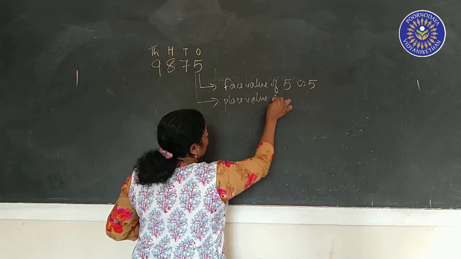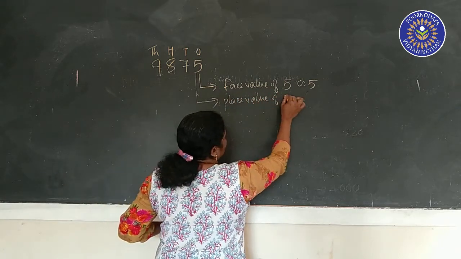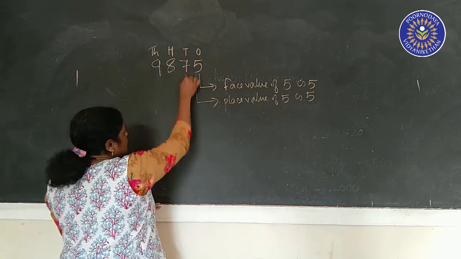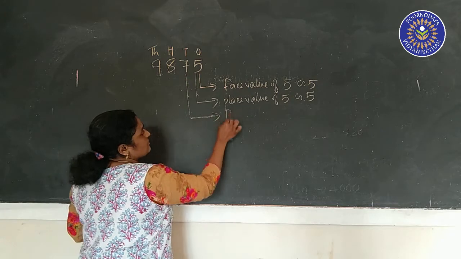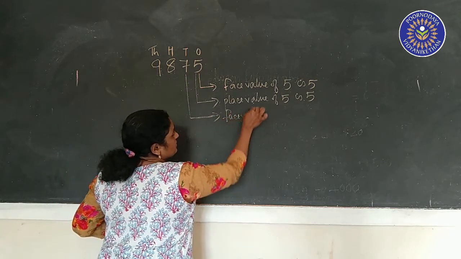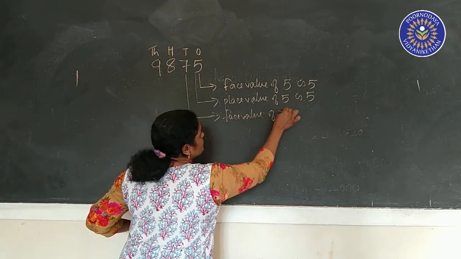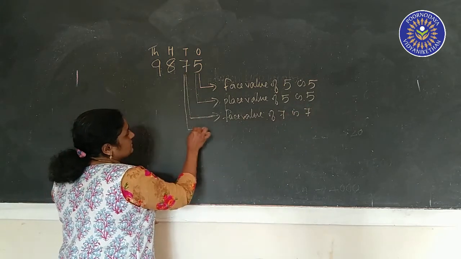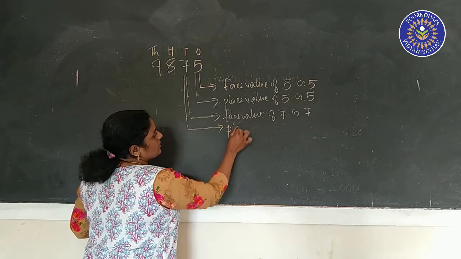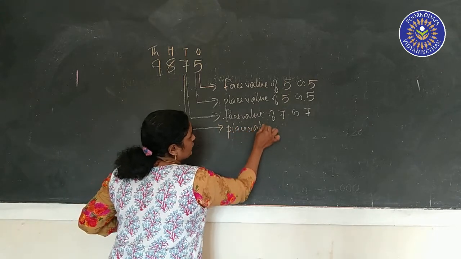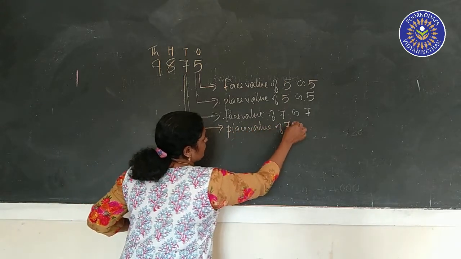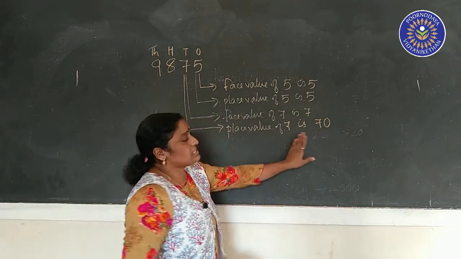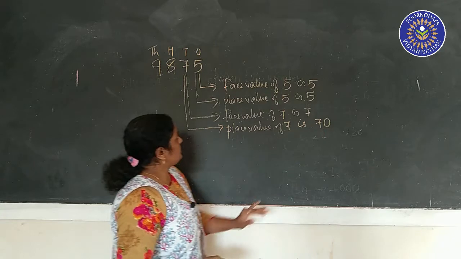Place value of the units place is always the number itself. 5 is 5. Then the next one, 7. What is the face value? Face value of 7 is 7. What is the place value? Place value of 7 is 7 tens. 7 tens means that is 70.